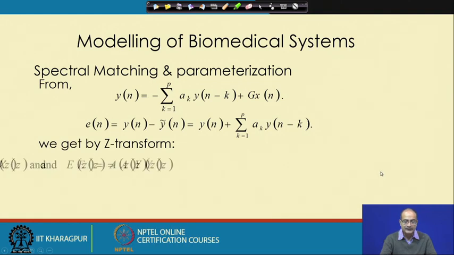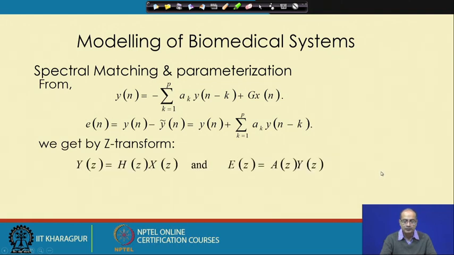If we take the z-transform in both cases of the equations, we get one for Y(z) in terms of H(z) and X(z), and another for the error term, E(z) in terms of A(z) and Y(z).